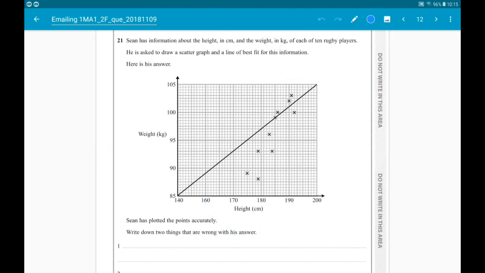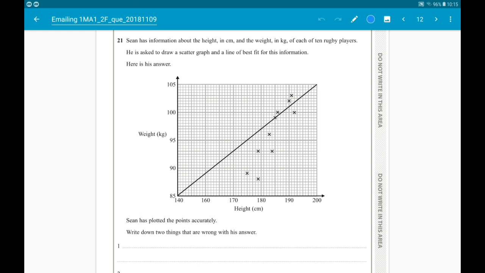Number 21. Sean has info about the height in centimetres and weight in kilograms of each of 10 rugby players. He is asked to draw a sketch graph and a line of best fit for the info. Here is his answer. We're told Sean has plotted the points correctly.